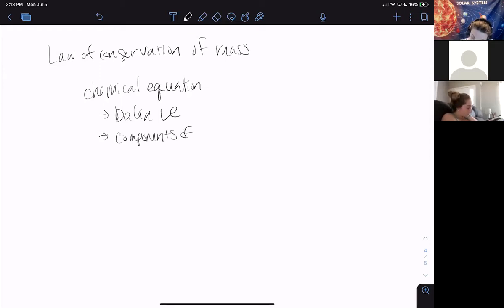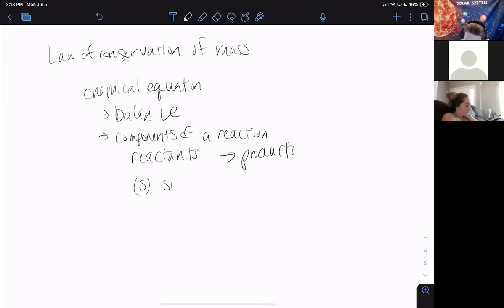You should know what the components of a reaction are. So you should know the left side is the reactants, the right side is the products. You should know that S stands for solid, L stands for liquid, G stands for gas, and AQ stands for aqueous.